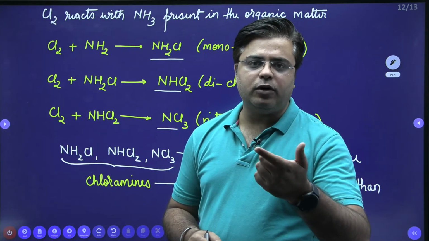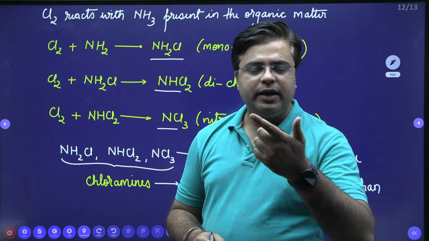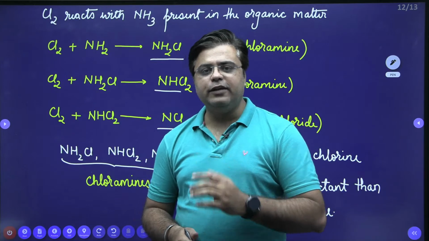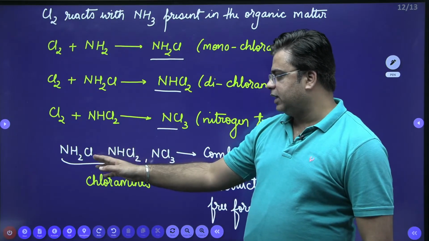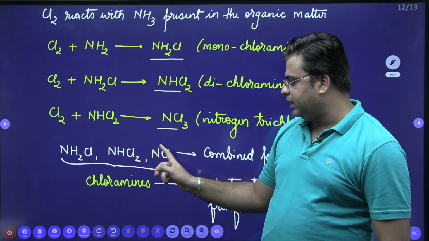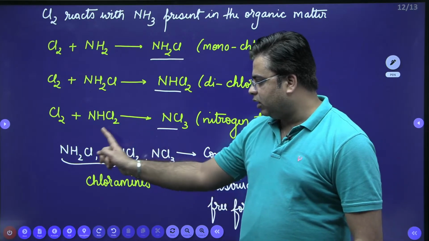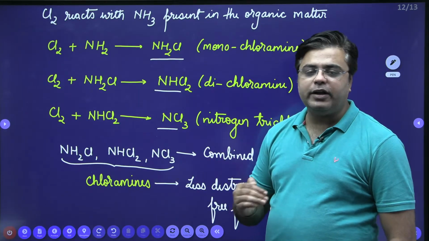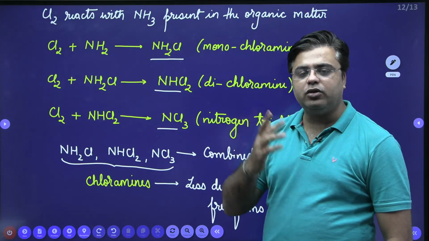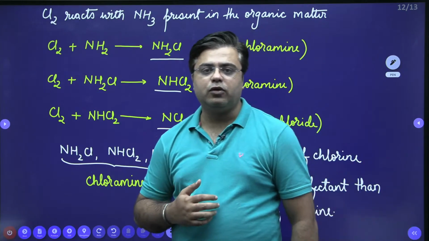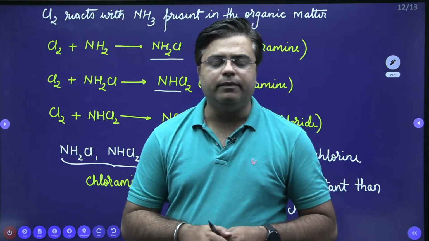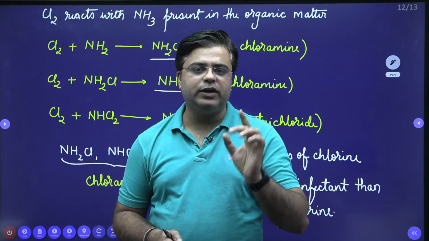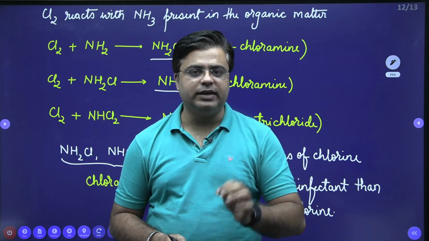The first 3 forms, that is Cl2, HOCl and OCl minus ion, are known as free forms of chlorine. The next 3 forms, that is NH2Cl monochloramine, dichloramine and nitrogen trichloride, are known as chloramines and they are less effective disinfectants as compared to freely available forms of chlorine. So when you are adding chlorine, the form which carries out the most destructive disinfection is hypochlorous acid, HOCl.